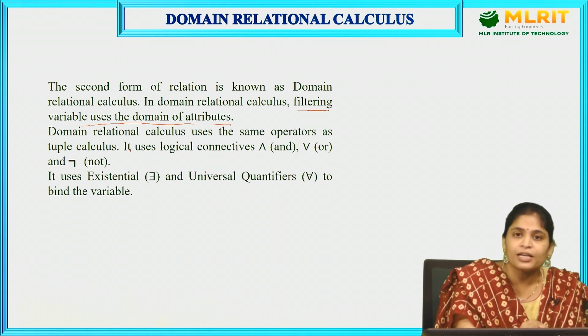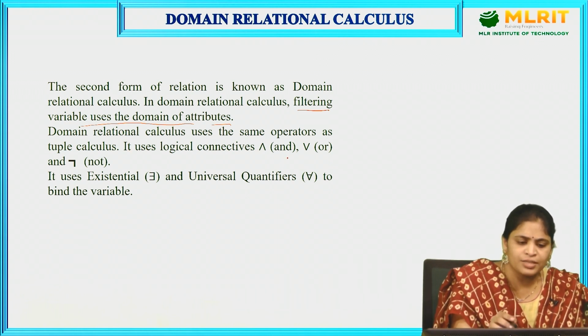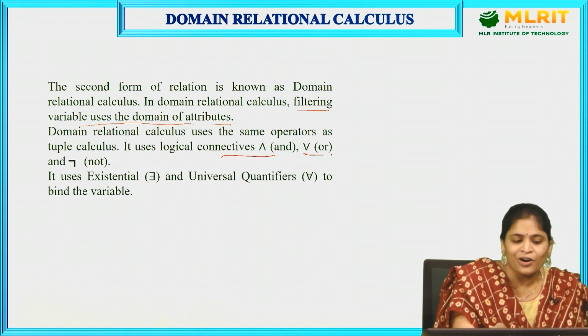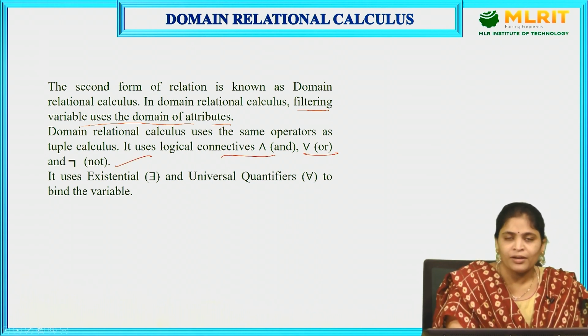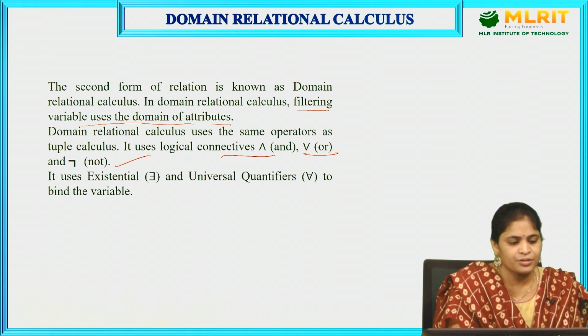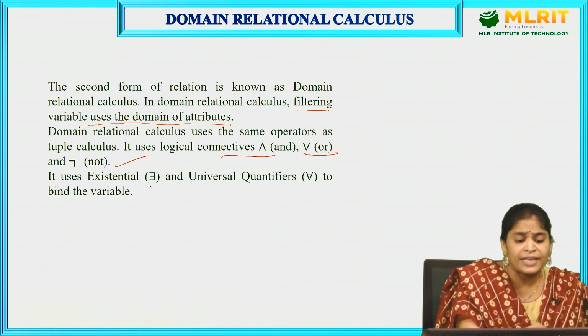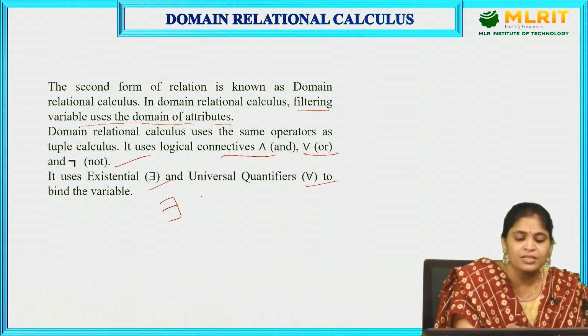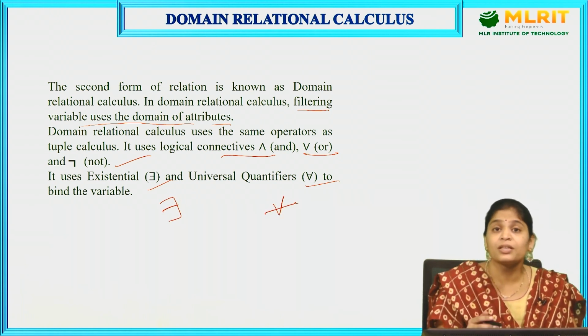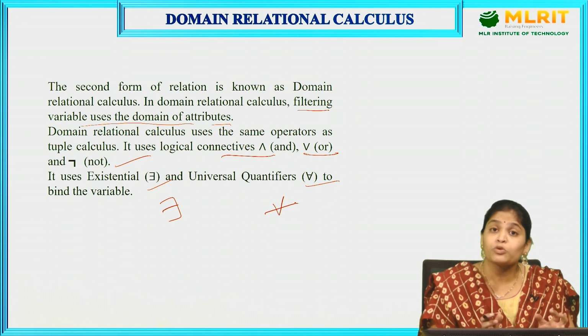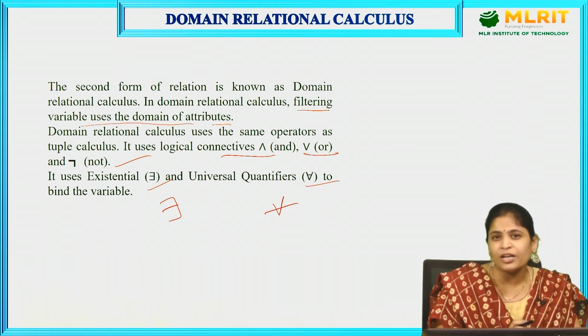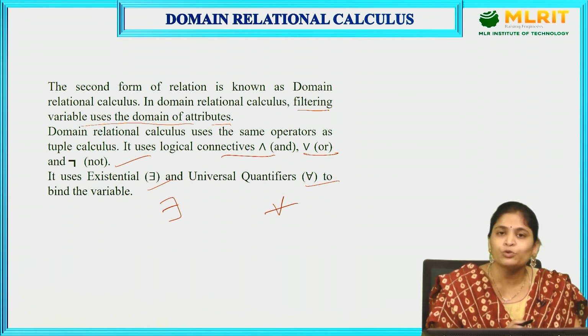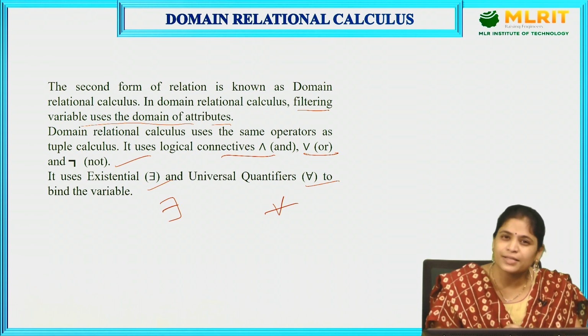We use some logical operators or connectives: logical and, or, not. It uses existential and universal quantifiers. These are quantifier variables to represent some group of elements or some group of people. We have two types: existential quantifier and universal quantifier.